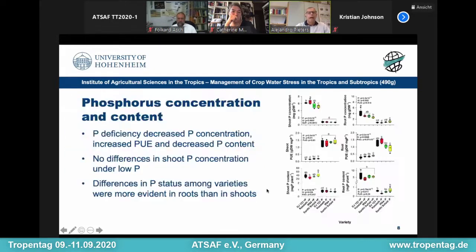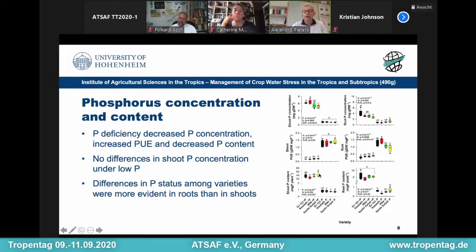concentration. So what I'm going to show you next is some of the results. We will start with the phosphorus status of the plants. Each color here represents a different variety, and the panel on top is phosphorus concentration. The panel in the middle is phosphorus use efficiency, and phosphorus content in the lower panel.